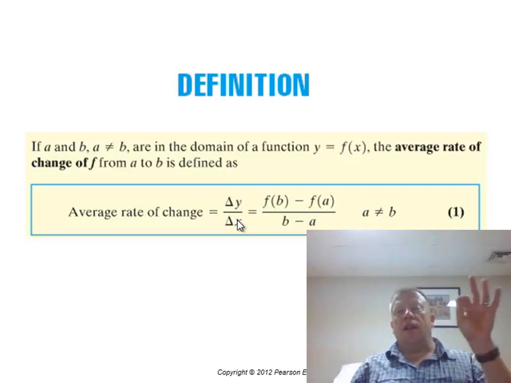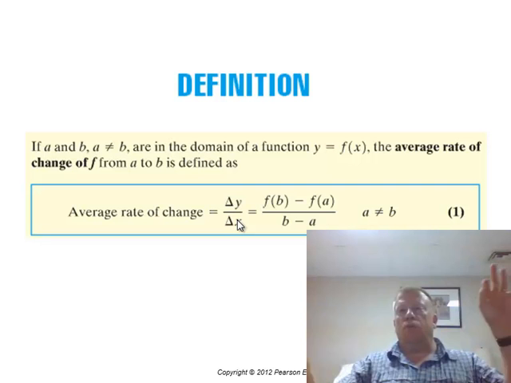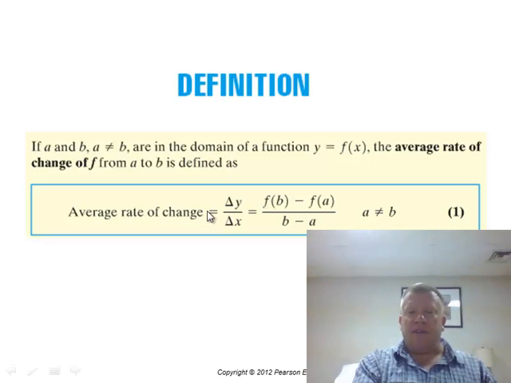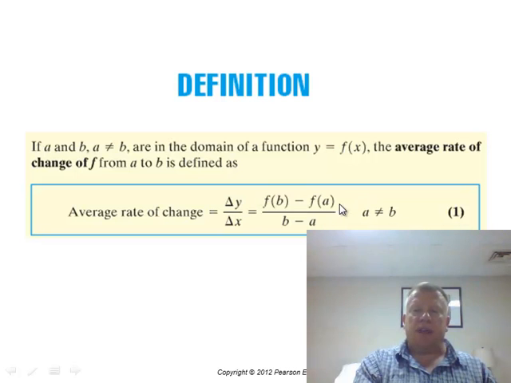If you were to use a line segment connecting those 2 points on that function's graph, then the slope of that line segment would really be that average rate of change. So all you really need to do to calculate average rate of change is evaluate your function at the endpoints of that time interval, or x interval, divided by the length of that x interval.